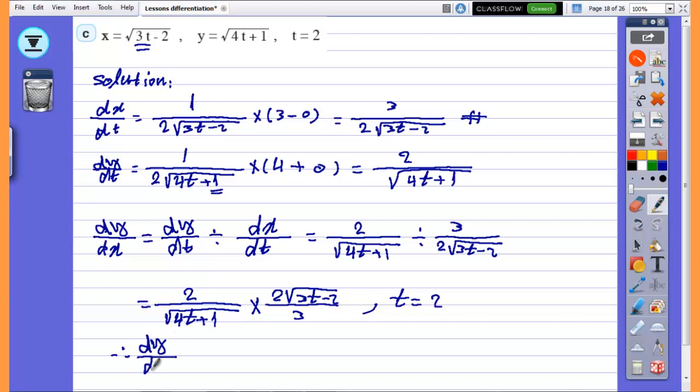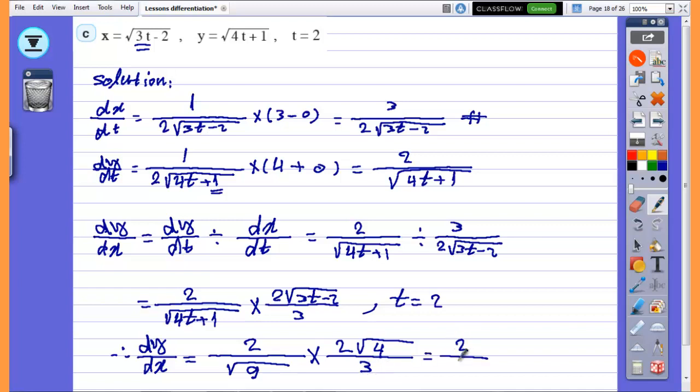Now substituting t equals 2, dy/dx when t equals 2 equals 2 over root of 4 multiplied by 2, which is 8 plus 1 equals 9, multiplied by 2 root of 3 multiplied by 2, which is 6 minus 2 equals 4, over 3.